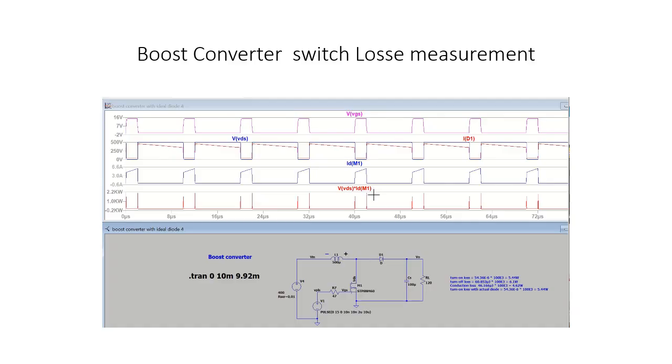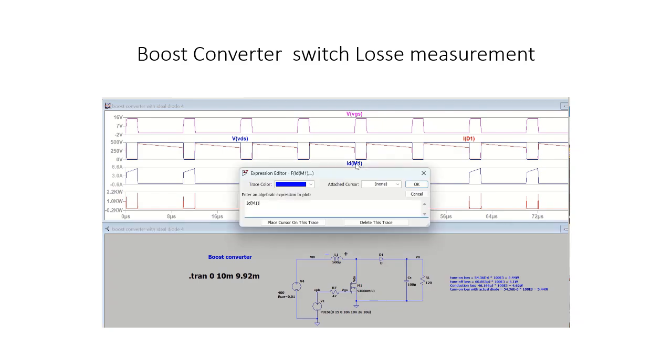I'll explain how to get this power waveform. Take any one of these waveforms, ID M1 or VDS. I start with ID M1 here. Right click. In the expression, you add multiply ID M1 by, this is the voltage waveform, VDS.